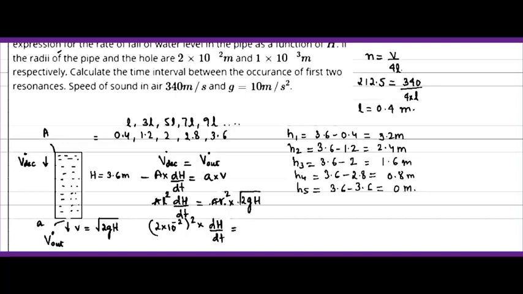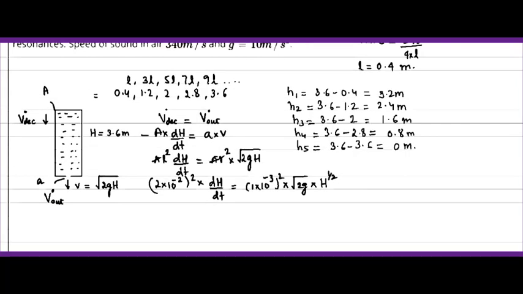This will be simply equal to r square. Now r square here is nothing but 1 into 10 raised to the power minus 3, squared, into square root 2g into h raised to the power 1 upon 2. We can write it like this. Now if you simplify this equation, there is a minus sign here also. Let me put it here.